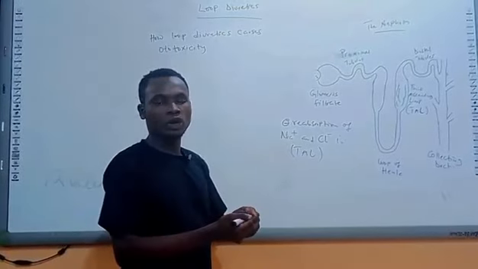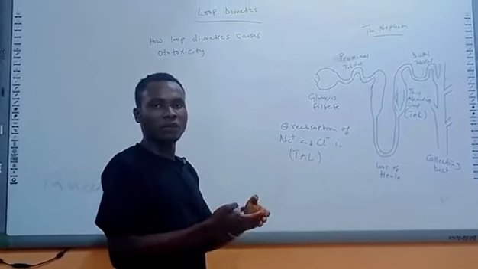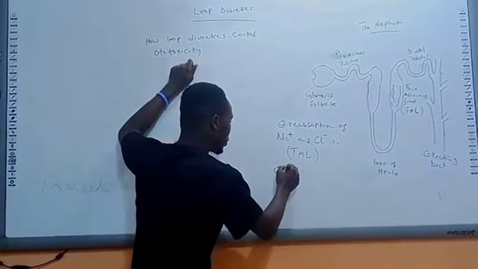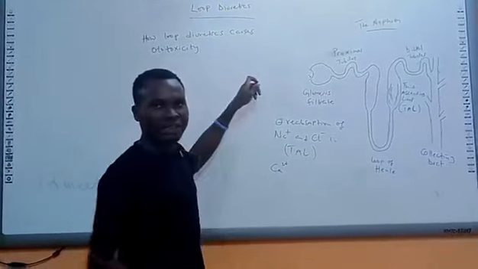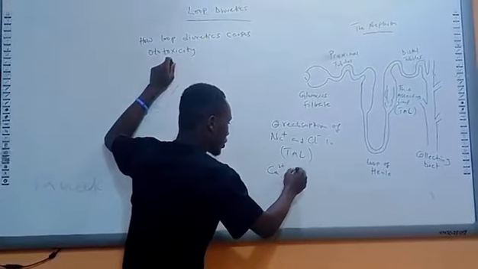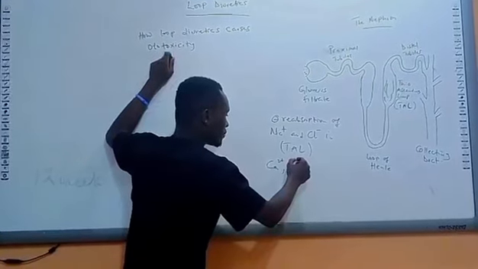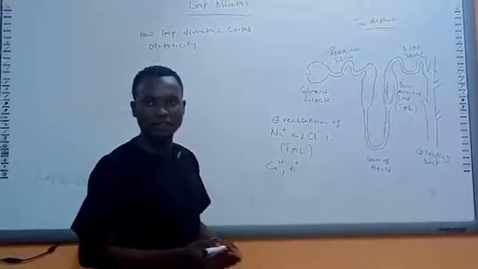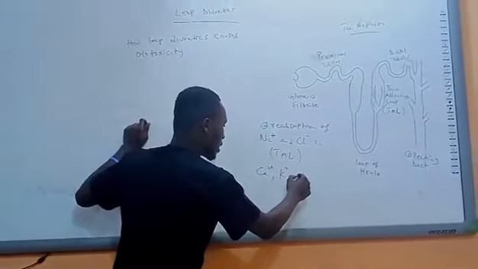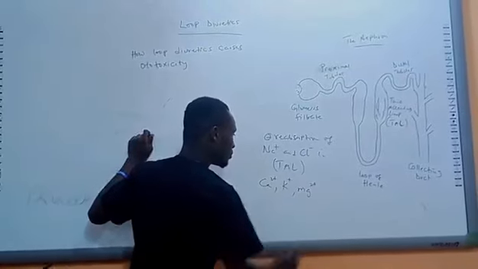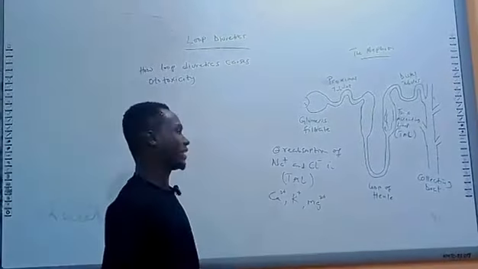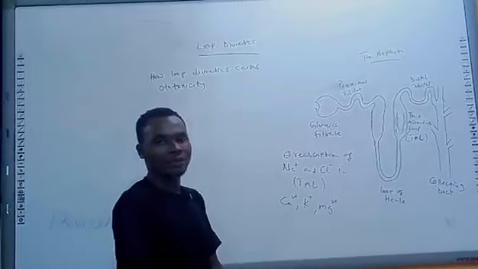Other ions are also inhibited from reabsorption. For example, calcium ion, so another side effect can be hypocalcemia. Potassium ion, another side effect could be hypokalemia. Magnesium ion, another side effect could be hypomagnesemia. So almost all the ions are inhibited there.